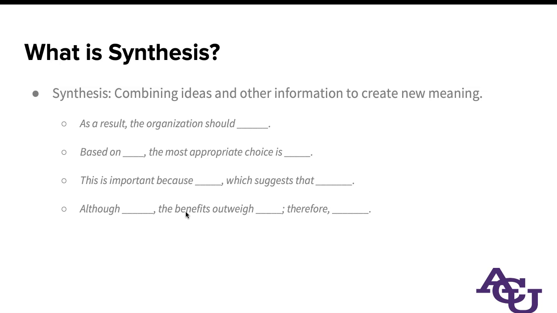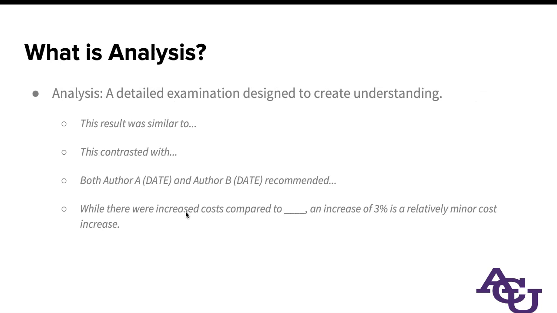So, some of the word choices that help indicate this. For analysis, you use the language of comparison: this result was similar to this other study, or this aligned with Smith's 2010 findings that, or this contrasted with, or these two sources recommended. Now you can also analyze language, and this is where we start delving into the summaries.